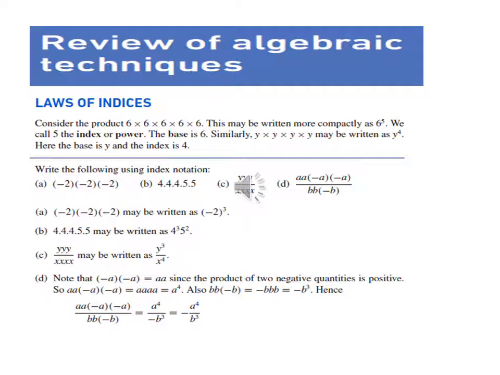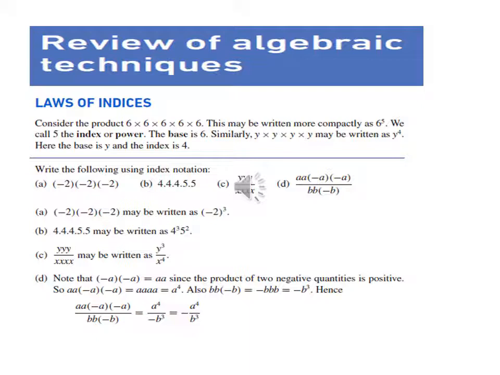Now, what about the review of algebraic techniques? Laws of indices. Consider the product 6 by 6 by 6 by 6 by 6. This may be written more compactly as 6 to the power 5.